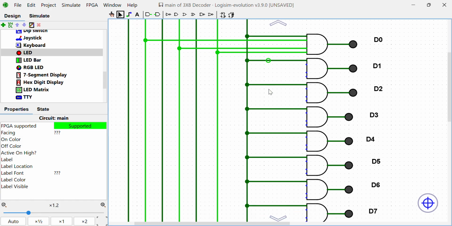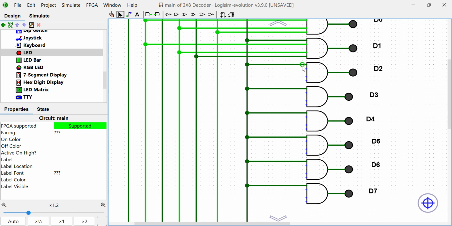And then the D1, we have 0, 0, 1. And then the D2 we have 0, 1, 0.